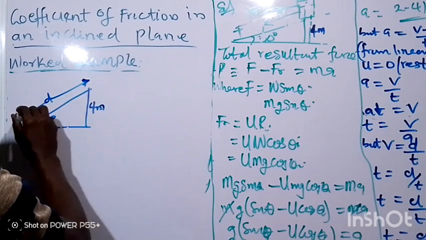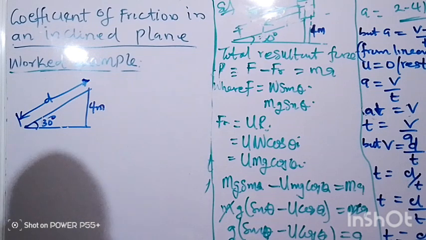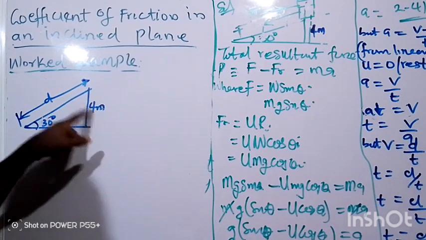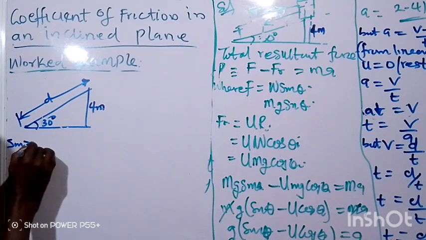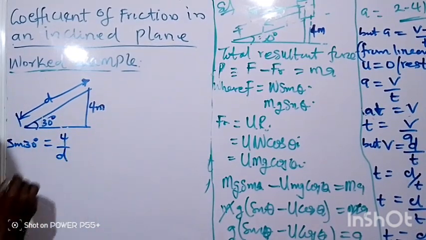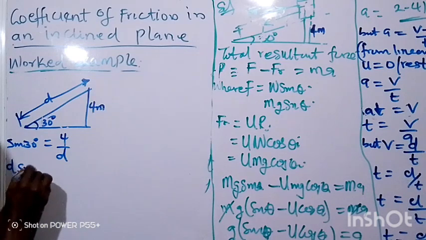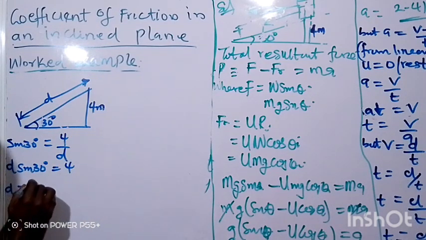That's the distance. Now, to find our d, that is opposite over hypotenuse. That will be sine 30 is equal to 4 over d. Therefore, d sine 30 degrees will be equal to 4. d will be equal to 4 over sine 30.